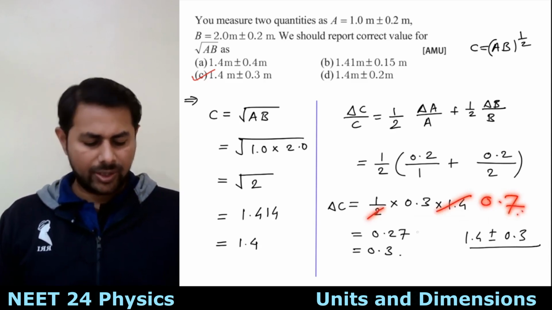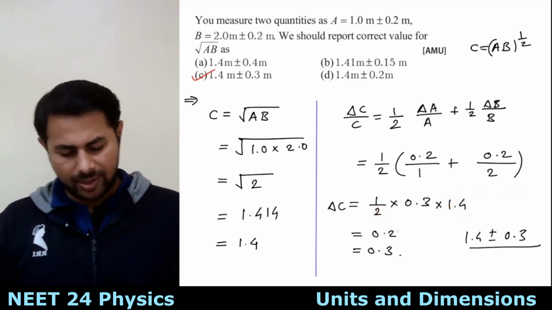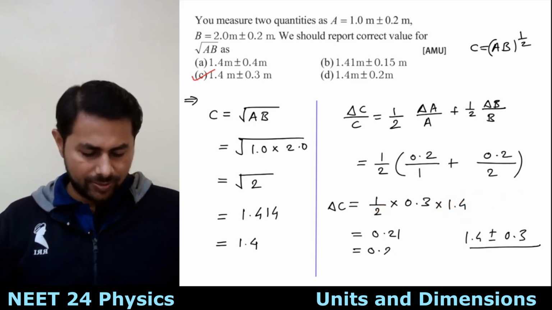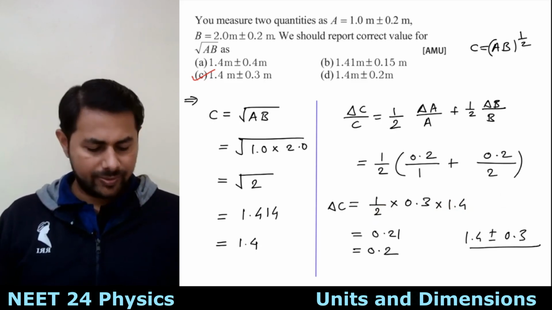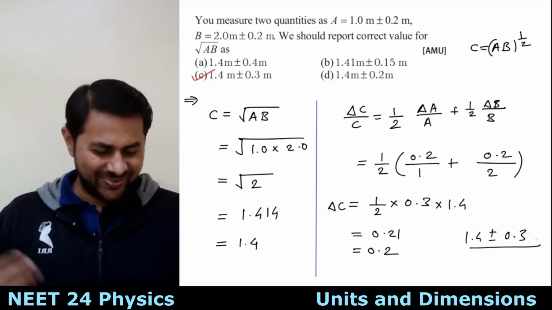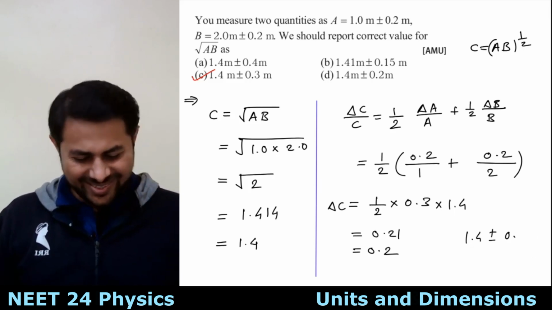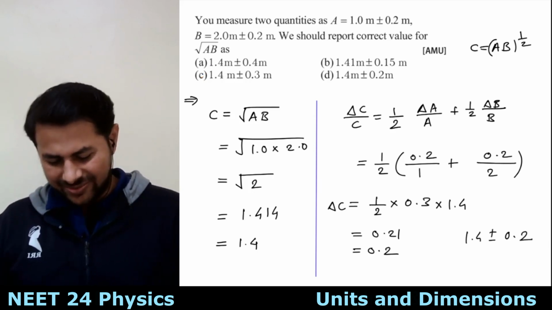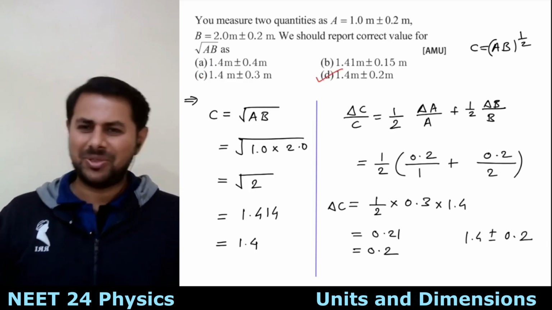Then it will become 2.1, no, sir? Right, my mistake, sorry. It will be 0.21 and this will be 0.2. Very good, sorry, my mistake. I multiplied 9 with 3, I don't know from where. Okay, then it is 0.02 and then it is what? Option D. So Poorna was correct.